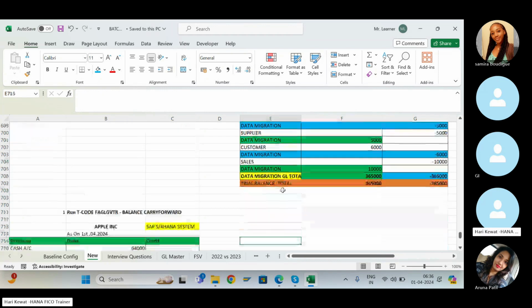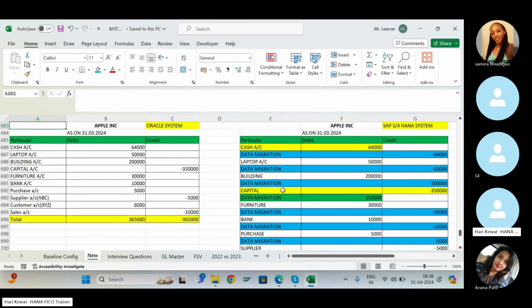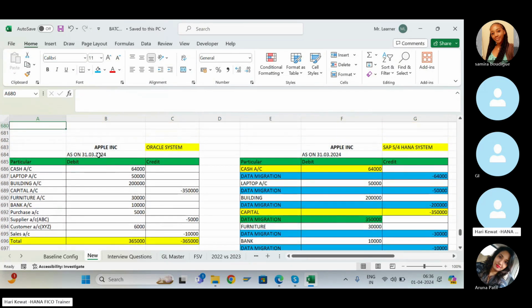So this is called data migration. Every consultant has to do this. Make sure that whatever trial balance is given in the legacy system as on this date is loaded into SAP as on this date.